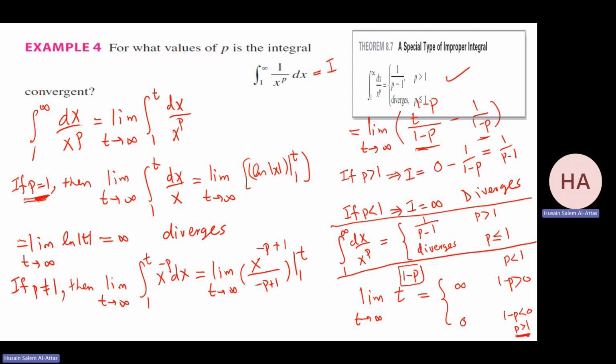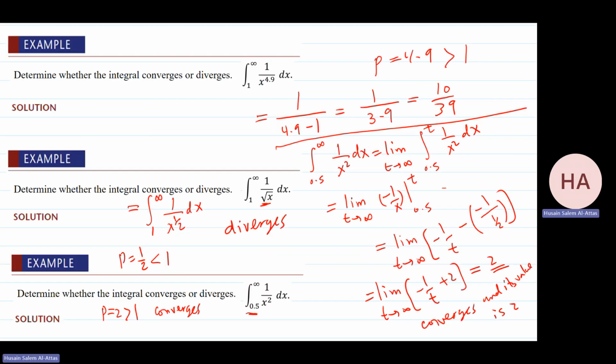When I substitute 0.5, I'm getting 0.5 to the power minus 1 over 0.5, the minus sign. Be careful: that will be minus 1 over x. Correct. From t, I have minus 1 over t minus, substitute 0.5 there, over half. Yes, it's correct.